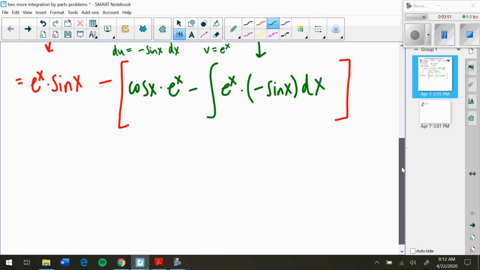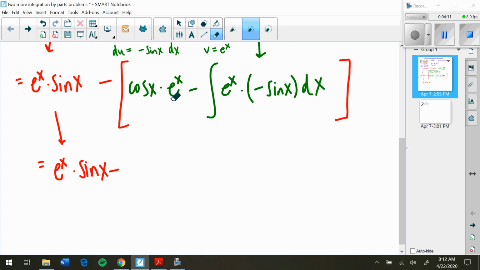Okay, maybe you're thinking, oh no, this doesn't look much better, and you're kind of right, but guess what? It's going to be okay. So now let's simplify what we can. So we still bring this down. We have e to the x times sine of x, and I have minus, and I'm going to distribute that. Actually, I'm going to write it as minus e to the x times cosine of x. Now stay with me because it's not really a lot, but just pay attention.